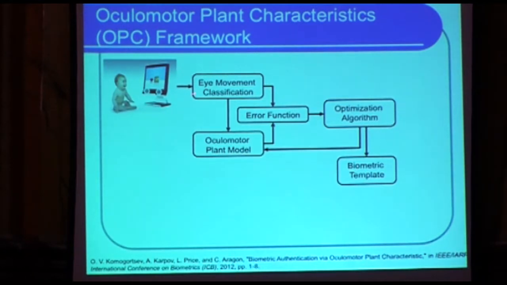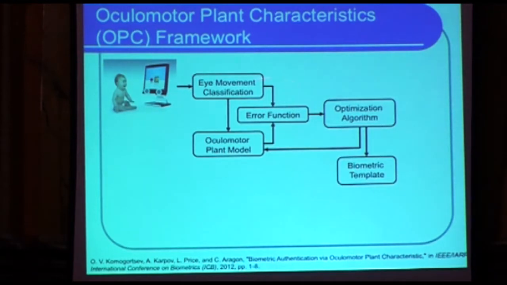And so the person is sitting here executing eye movements, and here we have eye movement classification modules that extract those saccades. And we have an oculomotor plant model with the goal of simulating exactly the same saccade trajectories as were recorded.